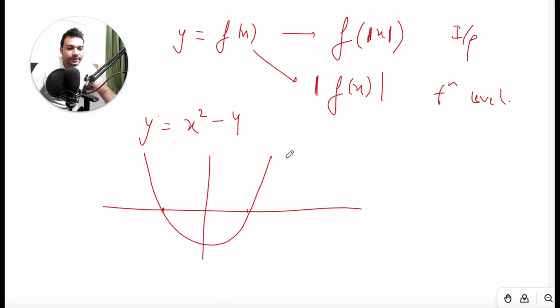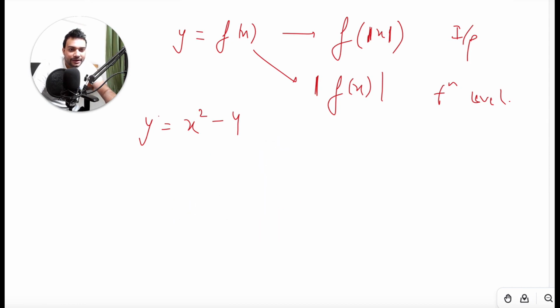Let's take a bit skewed one, that'll be better. Or let's continue with the exponential function.